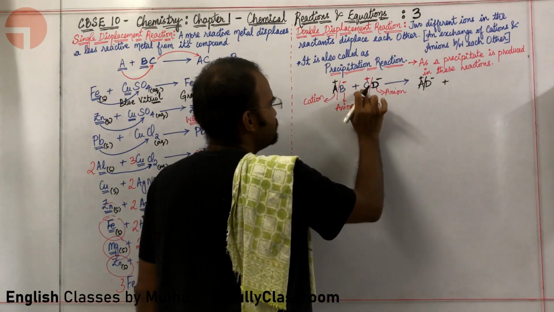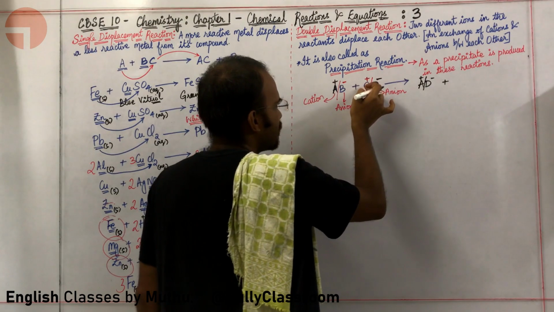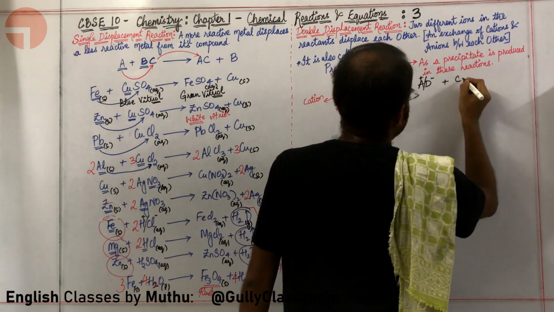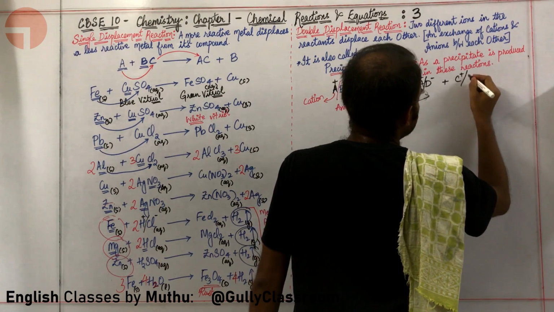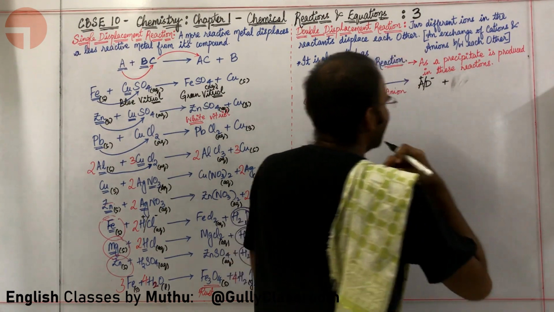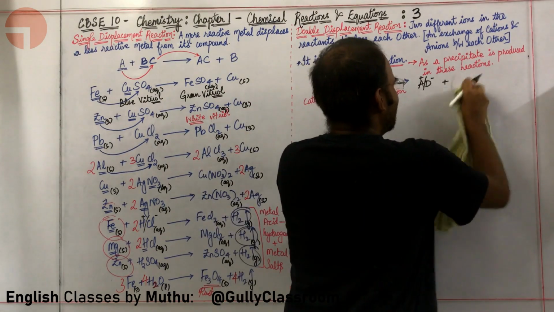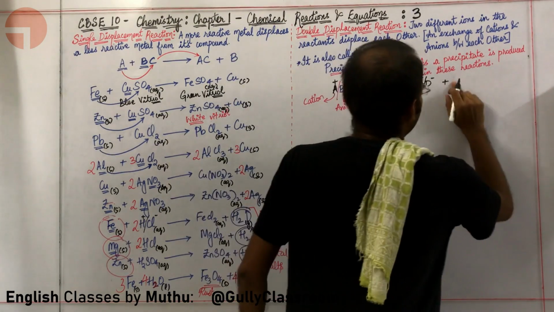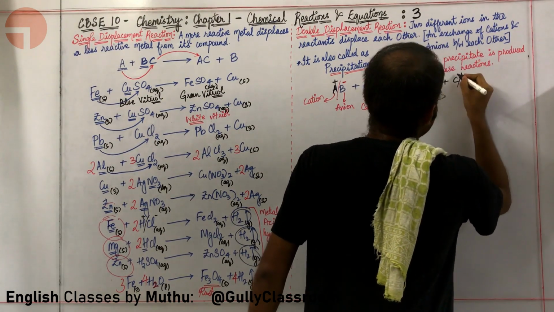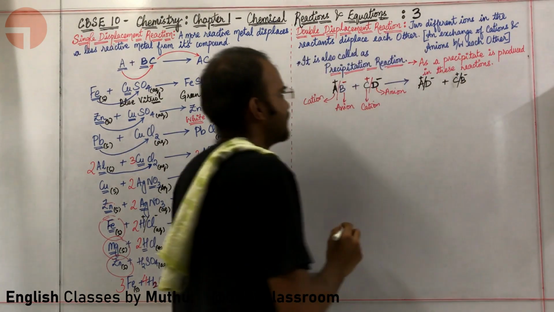Here, the C cation is coming out of the second compound and combining with B minus. So I am getting CB. Here C is the positive ion, B is the negative ion.